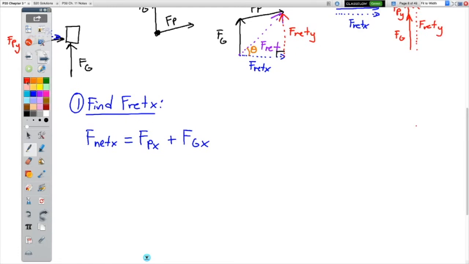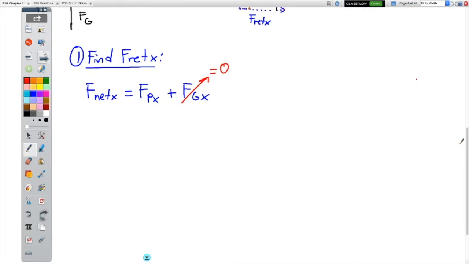F net x is still equal to those. It's just that the x component of George's force is 0, so we won't worry about it, but I'm showing you that this is always the idea. F net x is F1x plus F2x plus F3x plus F4x, on and on until you've covered every vector. So then F net x equals Phil's force, but the x component of it only.